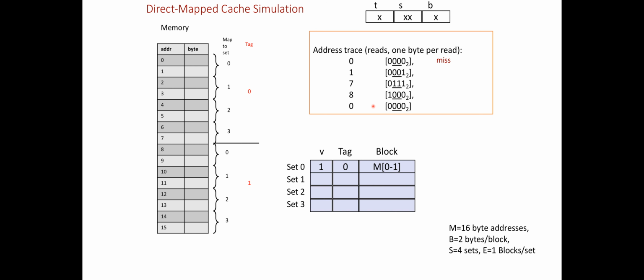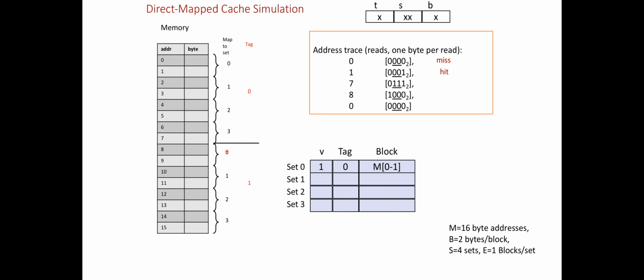And so then if we next want to read byte 1 from the block here, then that is a hit because it already has been brought into cache. Now let's suppose the program skips a little bit and wants to go down here to byte 7 and read that.